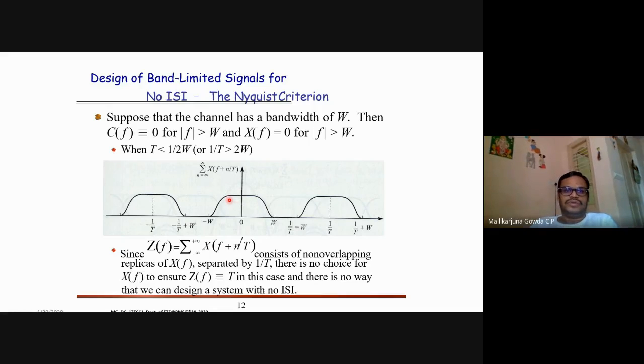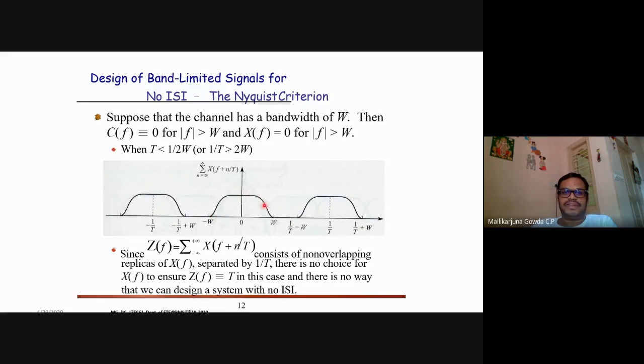So when this 1 by t, see at this point it is there. If that is greater than 2W, from here to here it is W, so 2W is the bandwidth of this pulse. When it is greater than 2W, there will be no overlap between the subsequent or successive pulses. I hope you are understanding. I am replicating this.